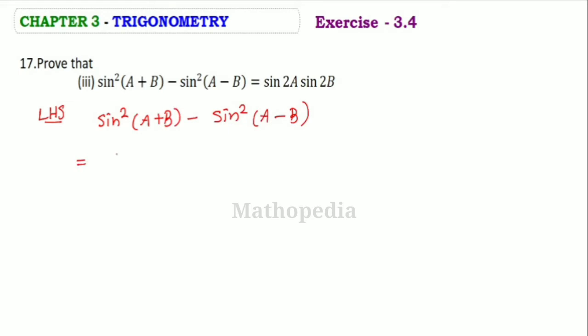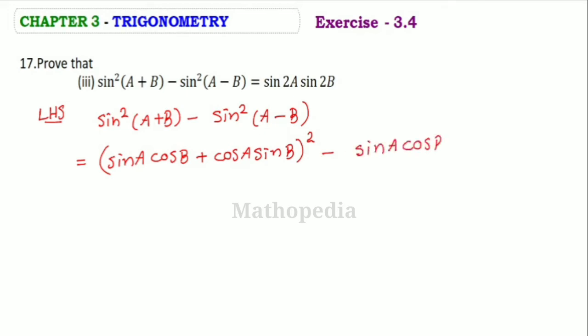This is equal to, sin(A+B) is sin A cos B plus cos A sin B. Since we have sin square, put whole square, minus sin(A−B) is equal to sin A cos B minus cos A sin B, the whole square.